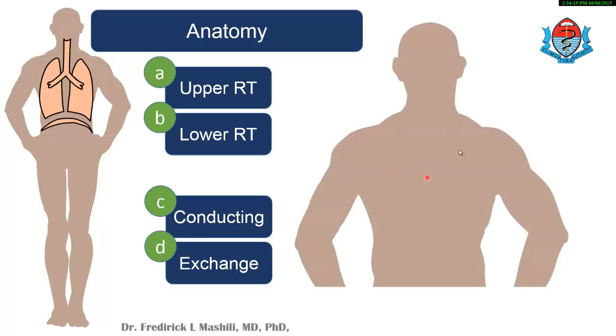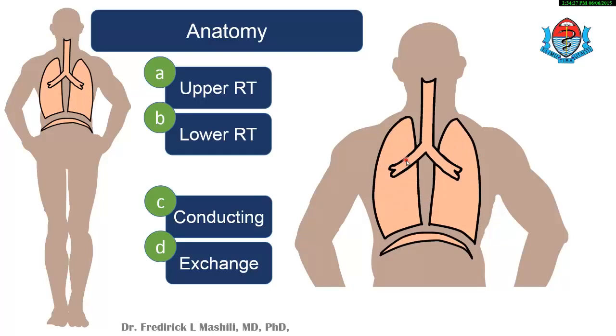If you take a look at this diagram, what you can see is the chest, and within the chest you have the lungs. The lungs are confined within the chest, but what we need for the lungs is expansion. Why should the lungs expand?